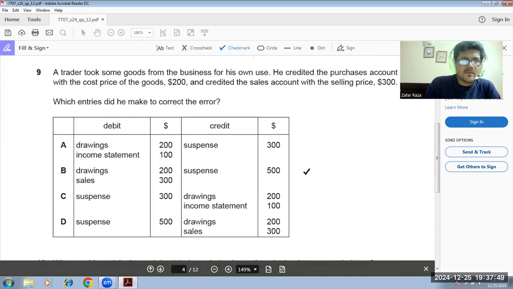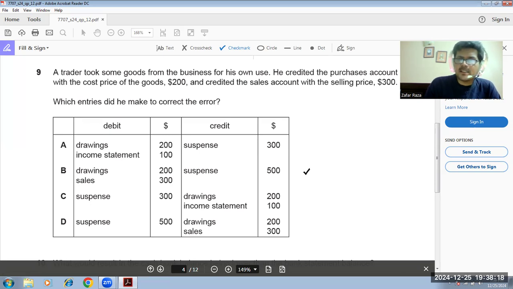9. A trader took goods from the business for his own use. He created the purchase account with the cost price of goods $200 and created the sales account with the selling price 300. Which entries did he make to correct the error? Now, the thing is, drawings should be debited, but he forgot to debit the drawings.